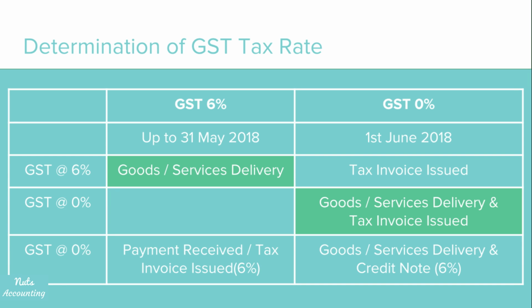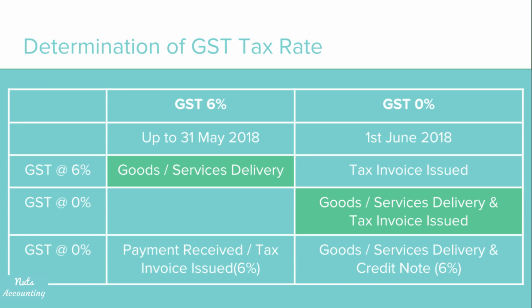So remember, if certain customers tell you, "Hey, can you give me the goods first, then issue the invoice later on the 1st of June so that I don't need to pay GST?" please don't comply, because this violates the time of supply rules for GST.